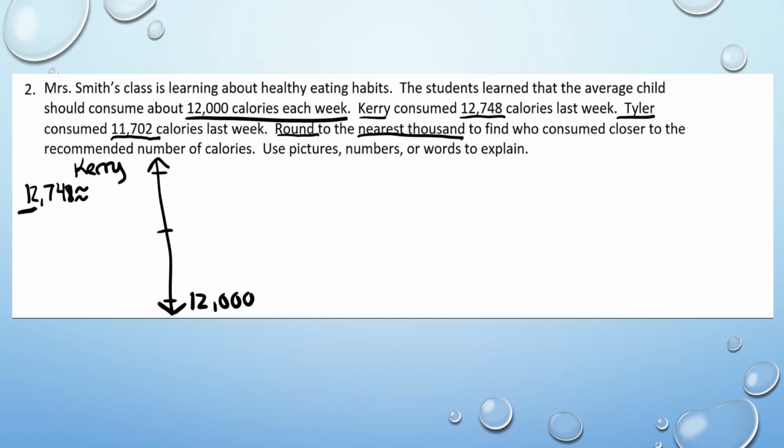To get the top benchmark number, I'm going to add 1,000 to 12,000, so I'll get 13,000. My mid number would be 12,500. Now I'm ready to put Carrie's number on the line. And I know that's above the midline because 500 is smaller than 700.